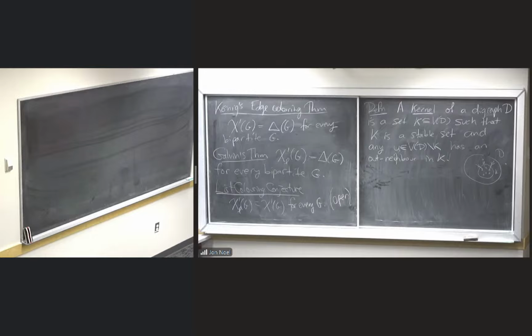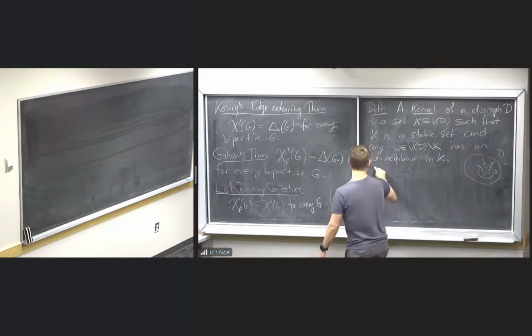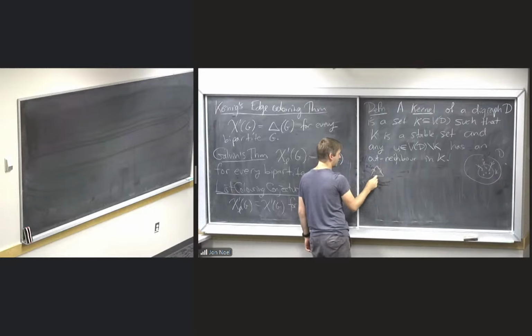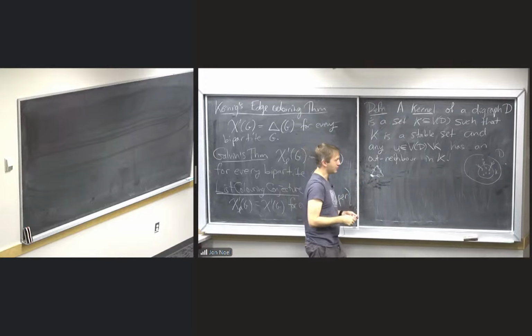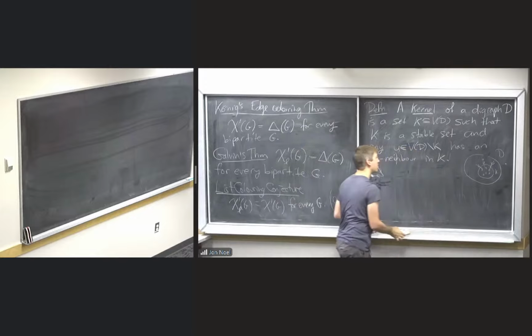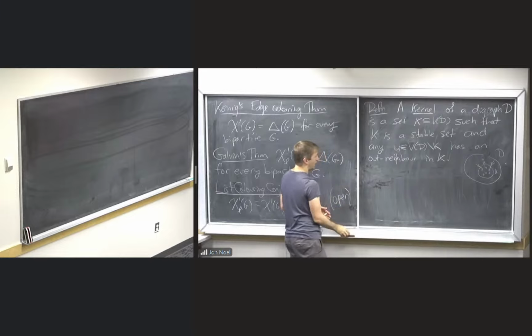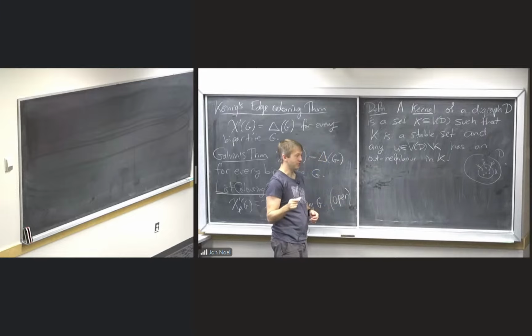This doesn't always exist. For example, if I took a triangle and put a cyclic orientation on it, good luck trying to find a kernel in this thing, because the only independent sets are of size 1. You could just take one vertex, but the others don't have an arc going into it. So digraphs don't always have kernels, but it's useful if they do.